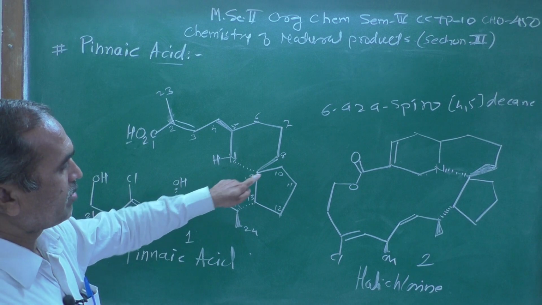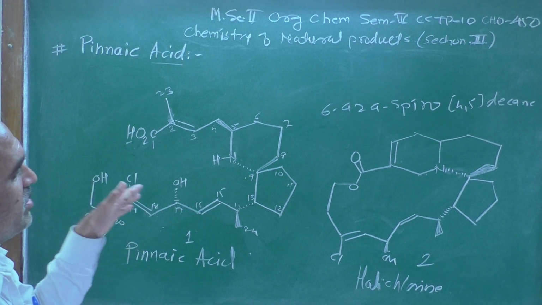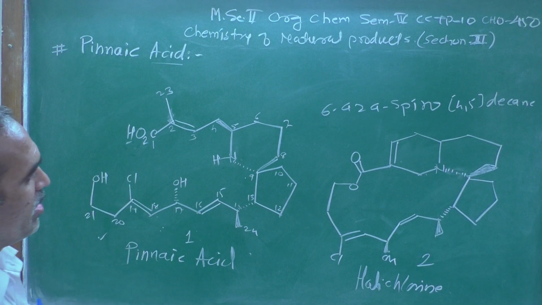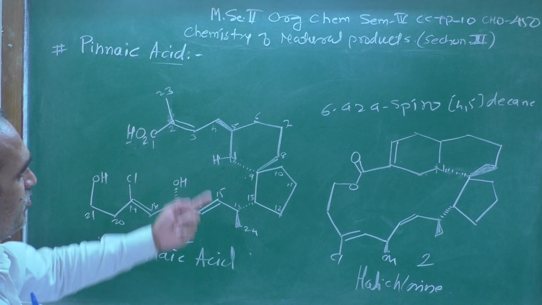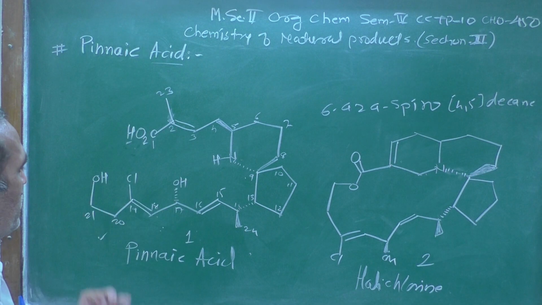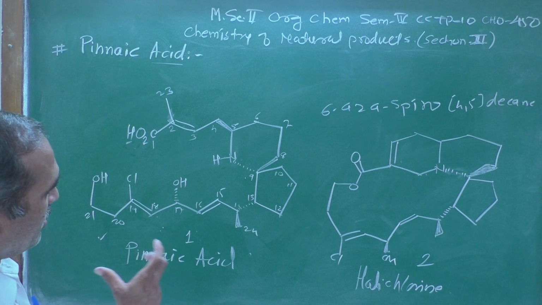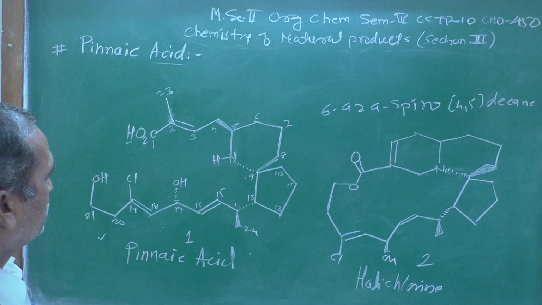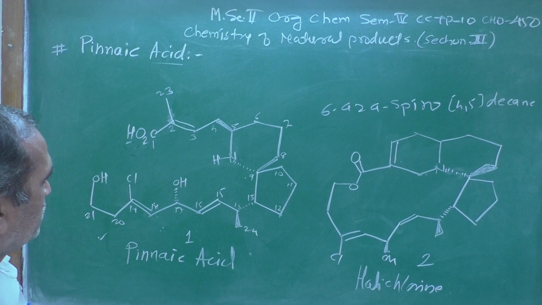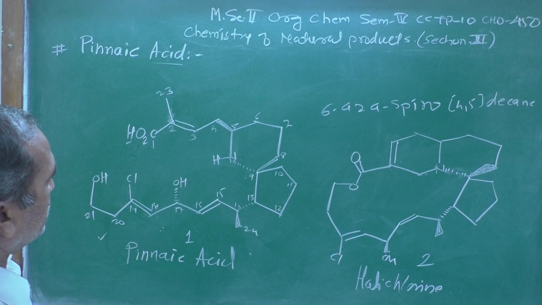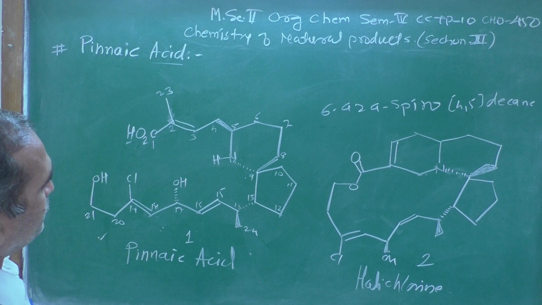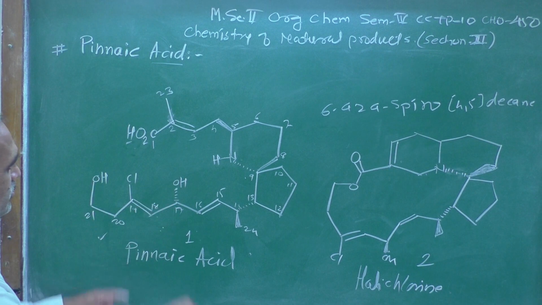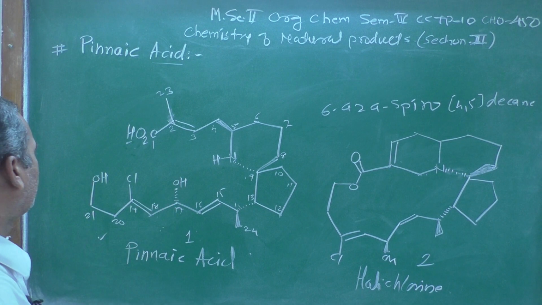This type of fused ring is known as a spiro, and if you observe this structure carefully, now tell me how many chiral centers are present in that compound.